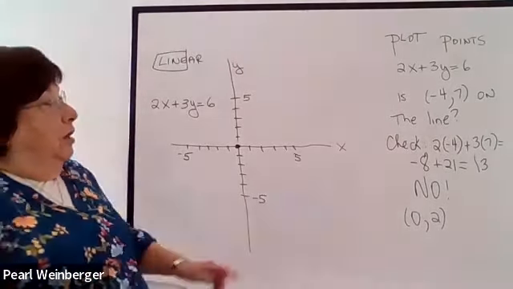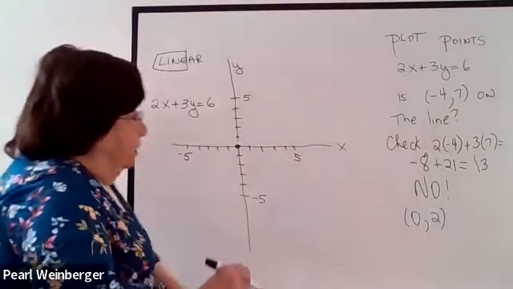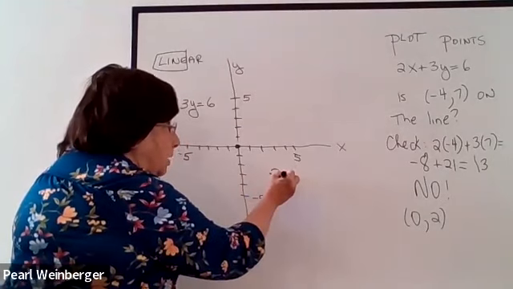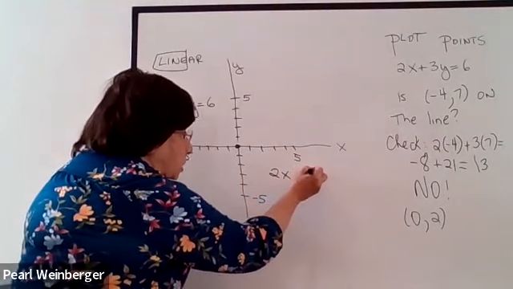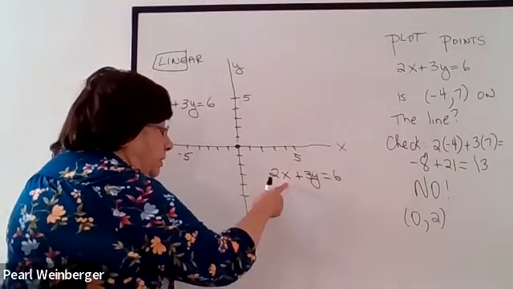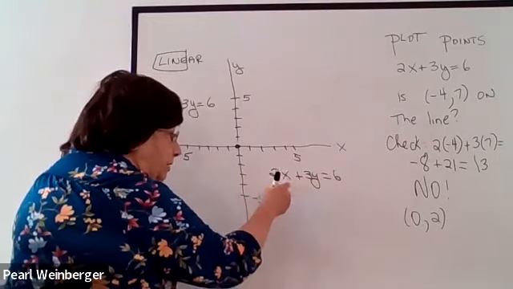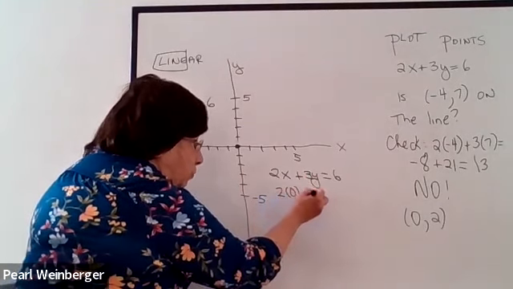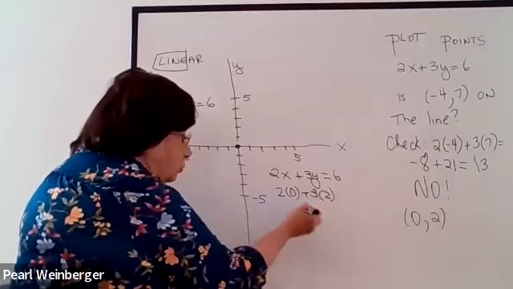Okay, let's check if 0, 2 is on the line. So here's our equation that we started out with, 2x plus 3y equals 6. In place of the x, I'm going to put 0. In place of the y, I'm putting 2.